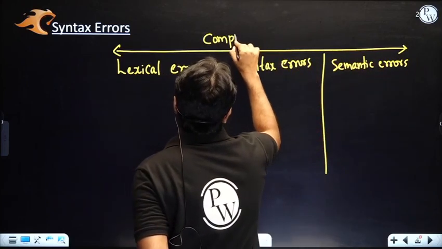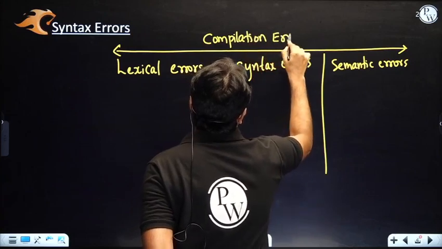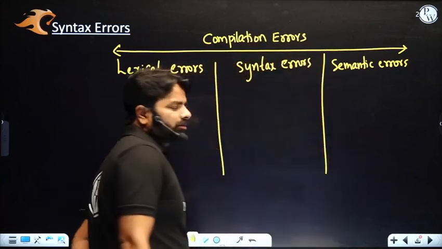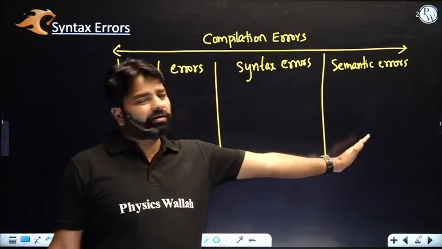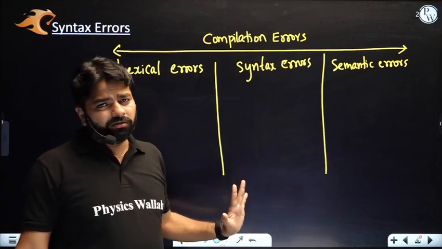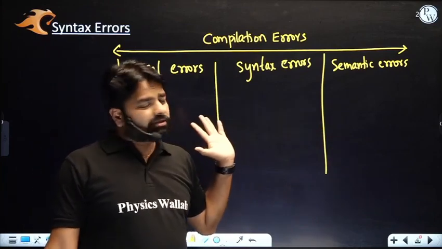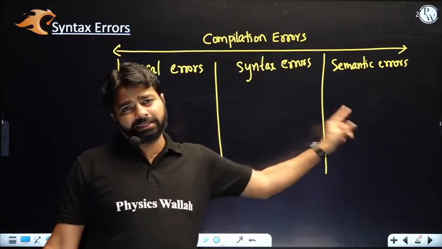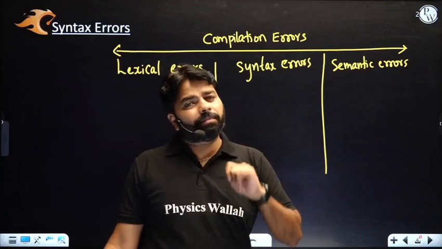In the exam, mostly they will mention that they are compilation errors. They may or may not ask whether it is lexical, syntax, or semantic. As you know, most programmers don't worry about which kind of error, but whether it is a compiler error or not. Sometimes you don't see a lexical error, but you will see syntax or semantic. Sometimes you don't see lexical or syntax, but you may see semantic. Doesn't matter what level you see an error at, it is a compilation error.